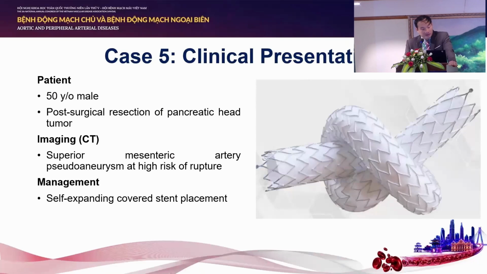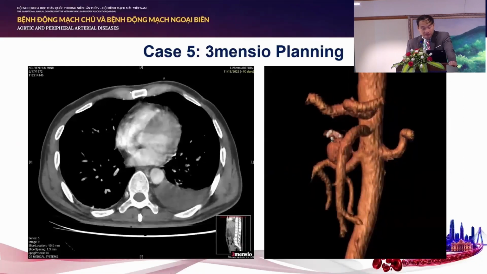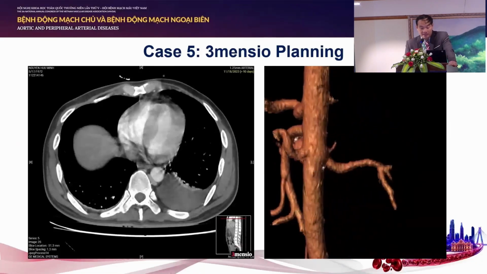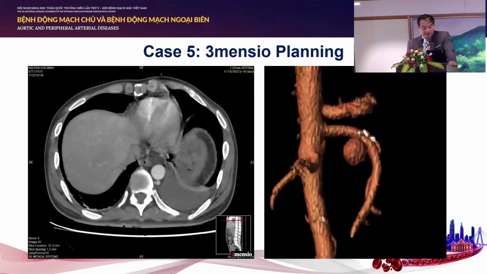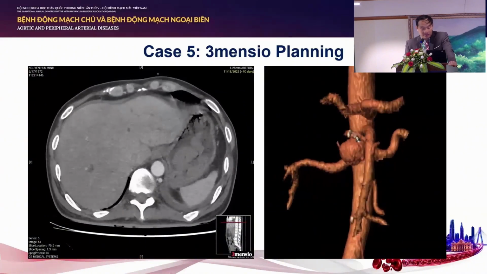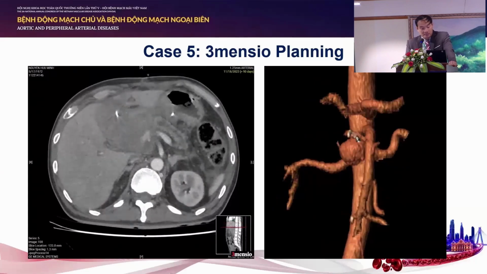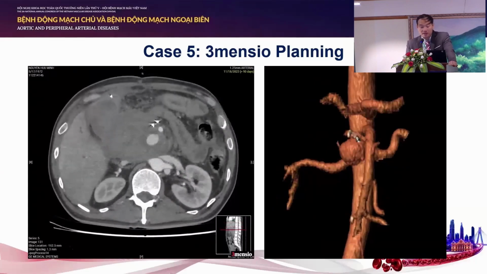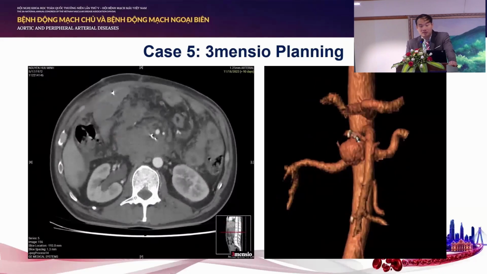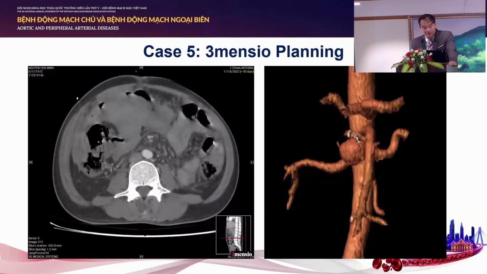Case 5 is a 55-year-old with post-surgical resection of a pancreatic head tumor. On CT, we can see a high-risk pseudoaneurysm at the SMA. It is very difficult with surgery, but with intervention we can approach it by femoral access.